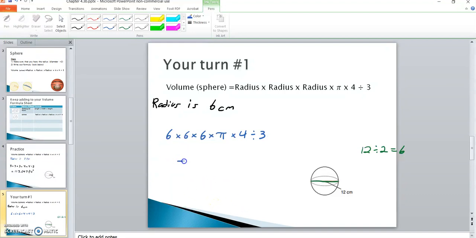All right, so you should have got 904.778, and that will be centimeters cubed.